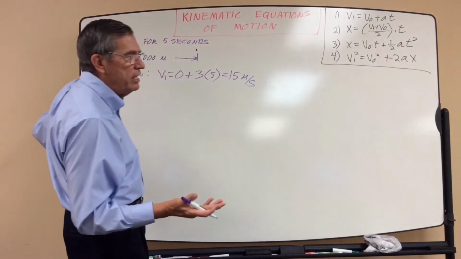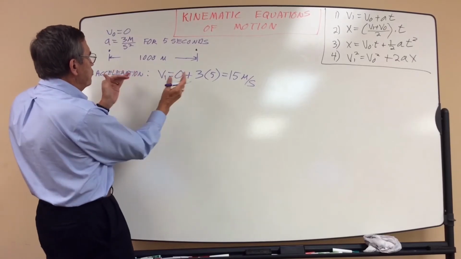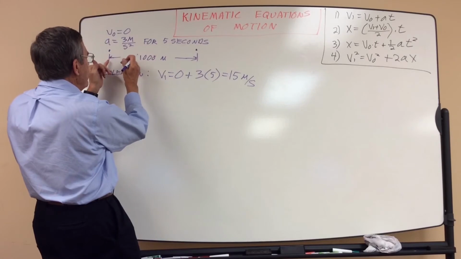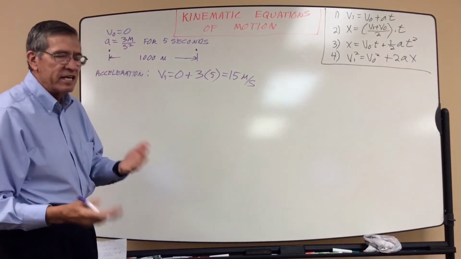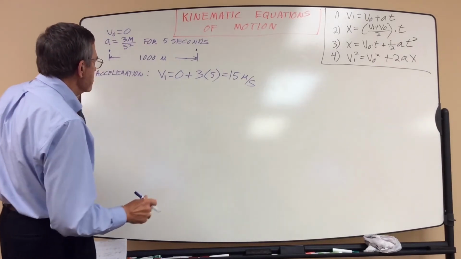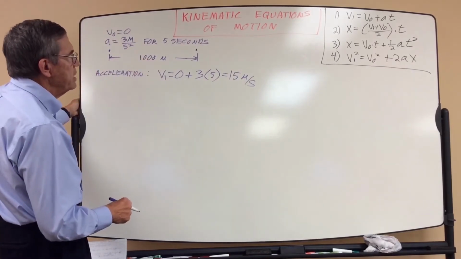Now, why do we even need to know how far we are going? Because that subtracts from the total distance, so we need to know how far we went during this acceleration, so we know how much more displacement was required to finish the course. Okay? So let's see. How far did we go during this acceleration phase?